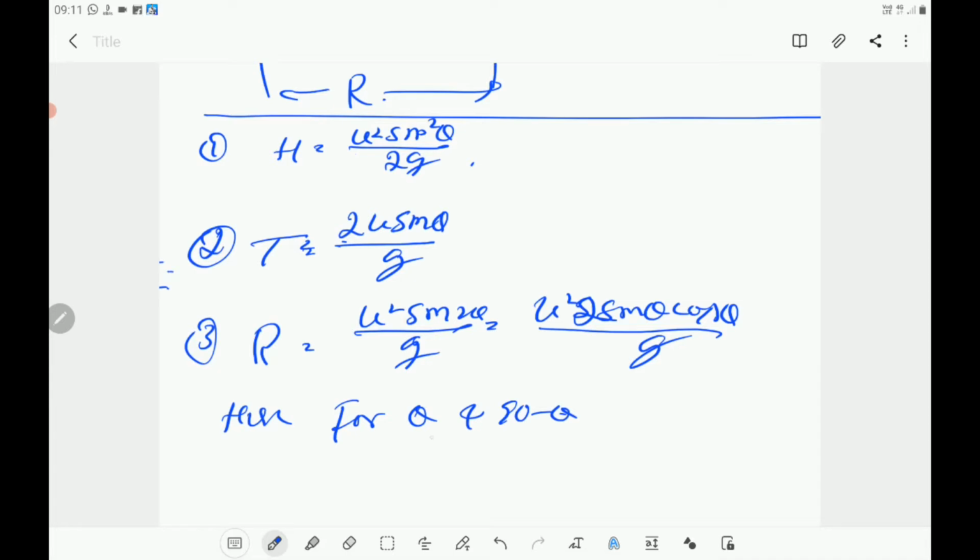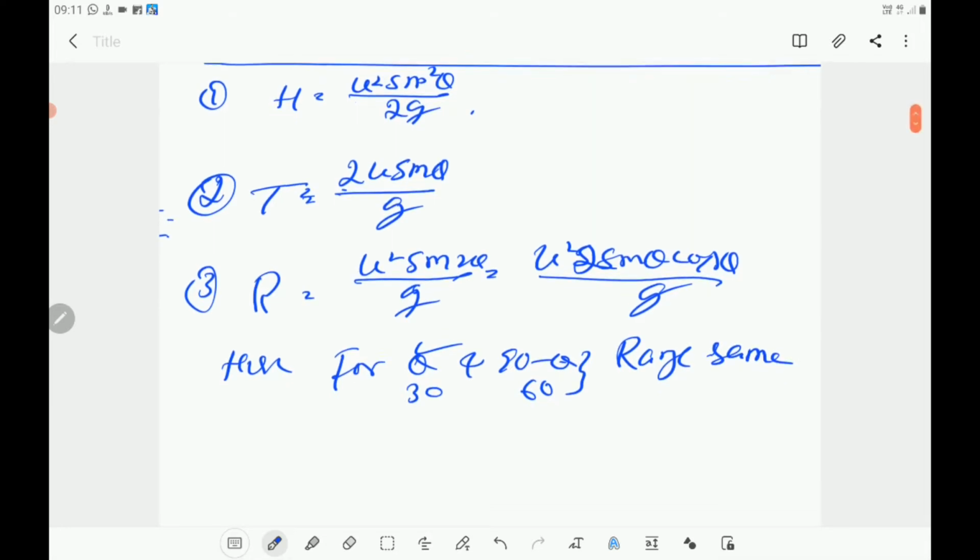For theta and 90 minus theta, for example 30 degree and 60 degree, for a combination of angles like this, range is the same. Very, very important application. Based on this we have solved several problems. Our range for theta will be equal to range for 90 minus theta.